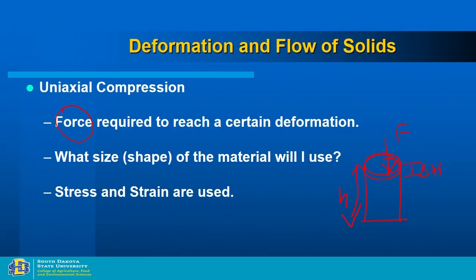So when you compress a sample, what you get is the force and deformation. That will be your raw data in your testing, right? You will be deforming the sample and measuring the force. So when you do that, your typical curve would be something like that.